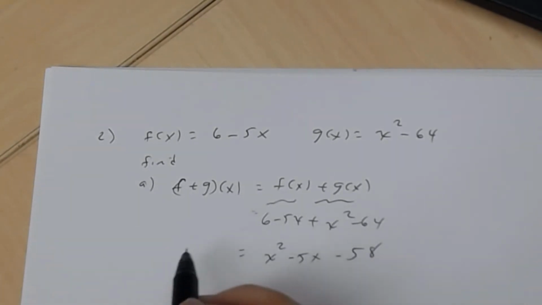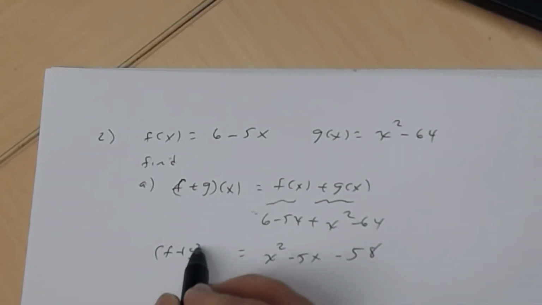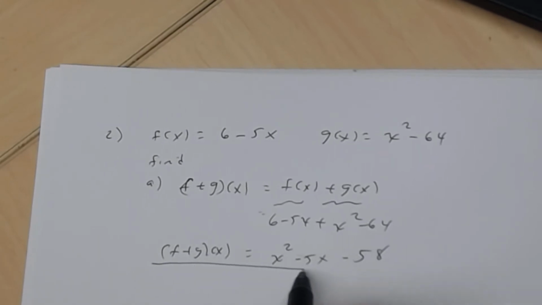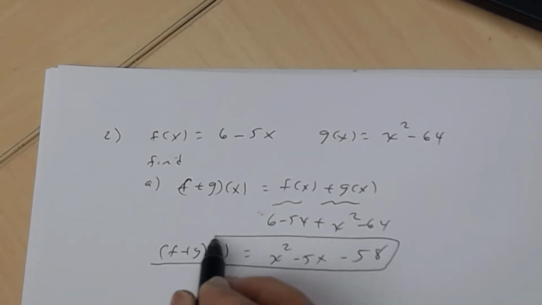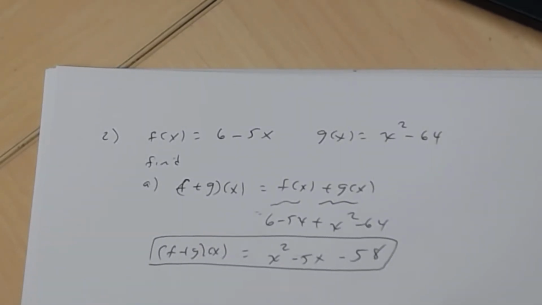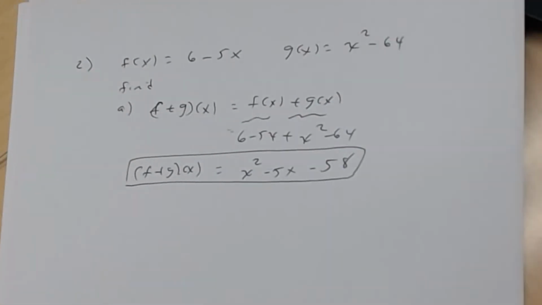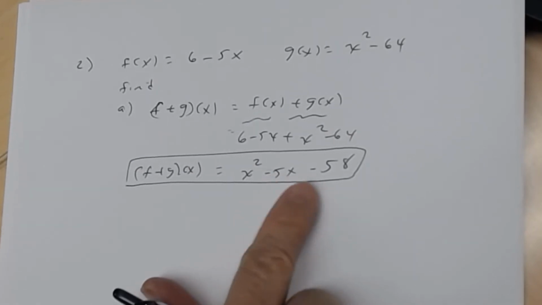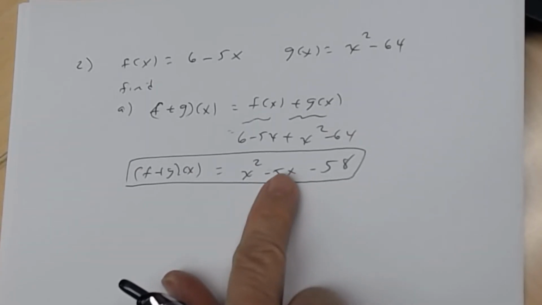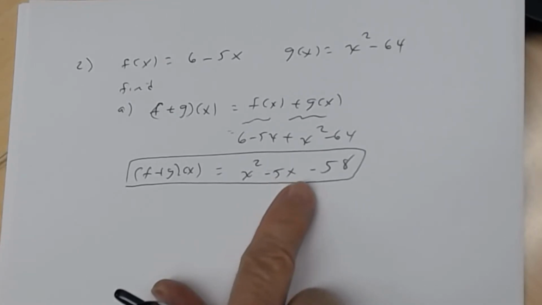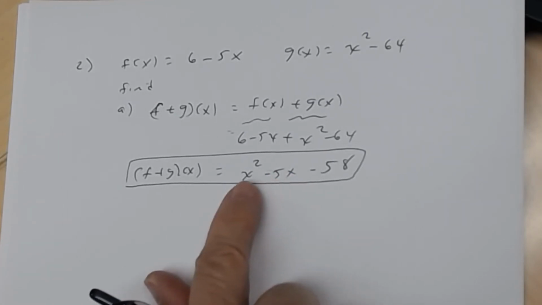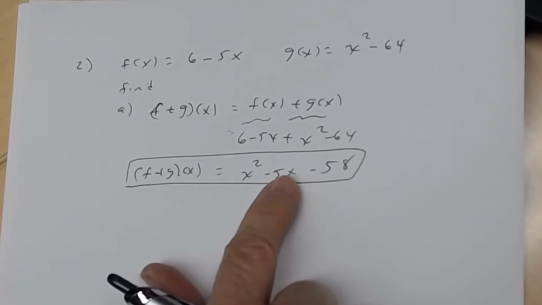All right, so that is f plus g at x. So in the blank, you would say f plus g at x is equal to this. Okay? Now, I want you to tell me, is this a polynomial function or is this a rational function? All right, this is a polynomial function, right? This is quadratic, so it's a polynomial function.